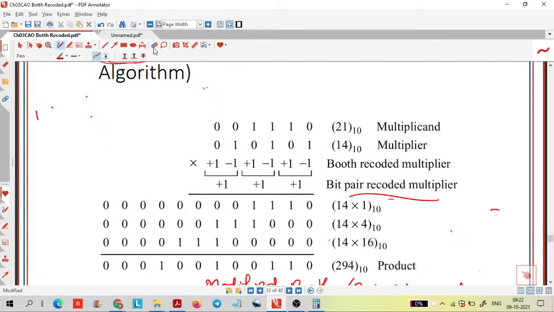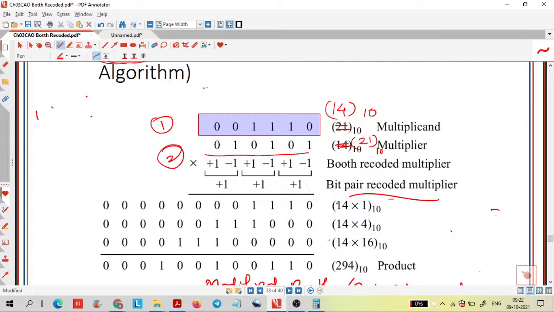Okay, so here, see, 1110 means it is for the 14 only. There was a slight mistake here. So what should come here? It is 14 decimal. And this is the binary for 21. This is the first number, this is the second number.